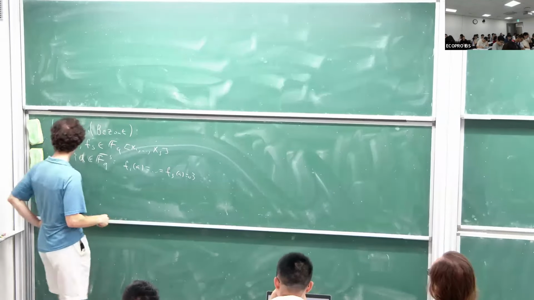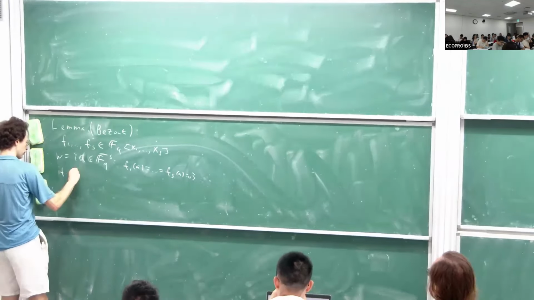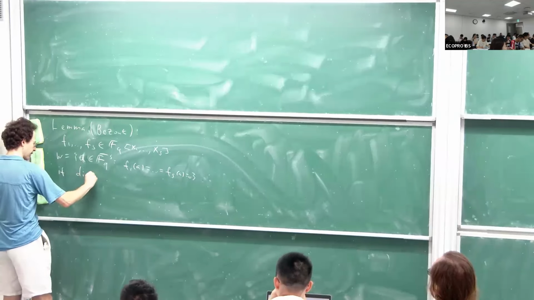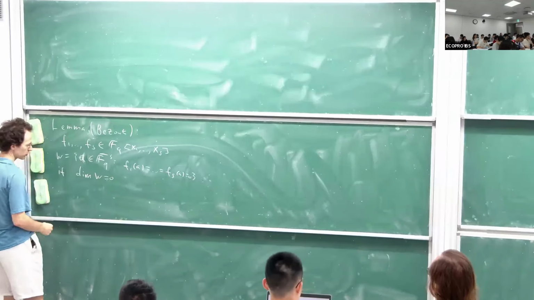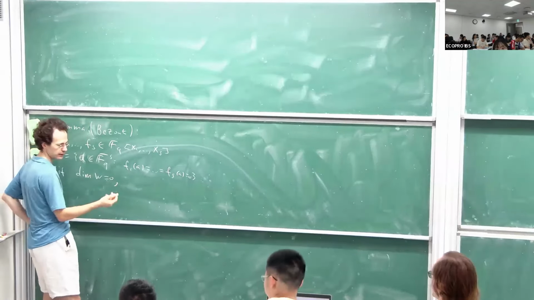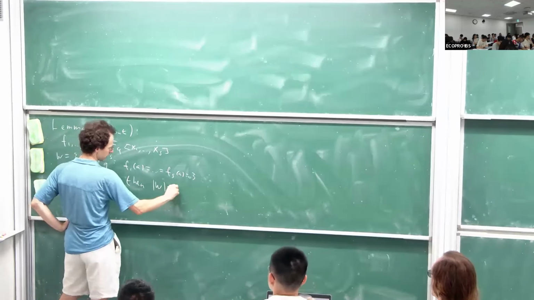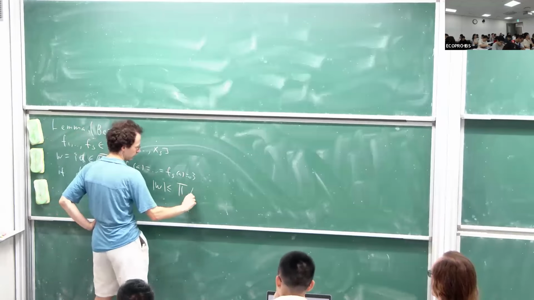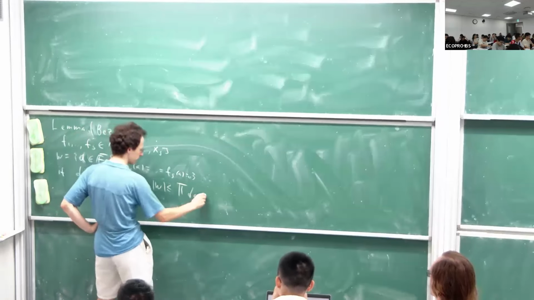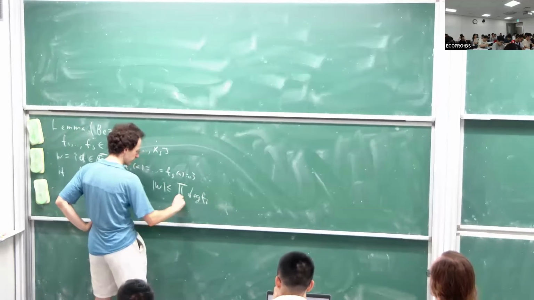The statement which we said was that if it's zero dimensional, then it's a finite set of points, and the cardinality of that set was bounded by the product of the degrees.